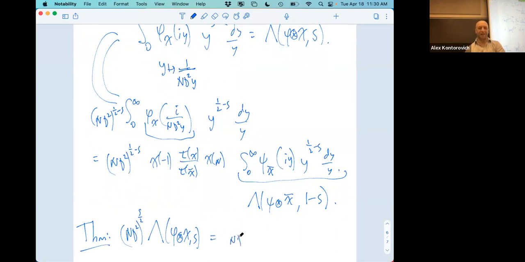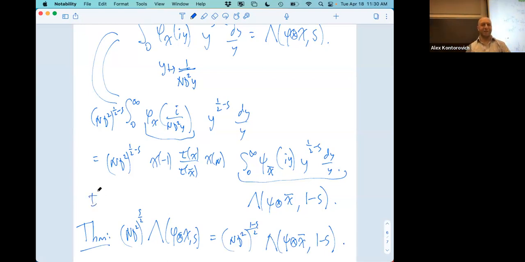This is n d squared to the 1 minus s over 2 times the completed L function of psi twisted by chi bar at 1 minus s. It just works.